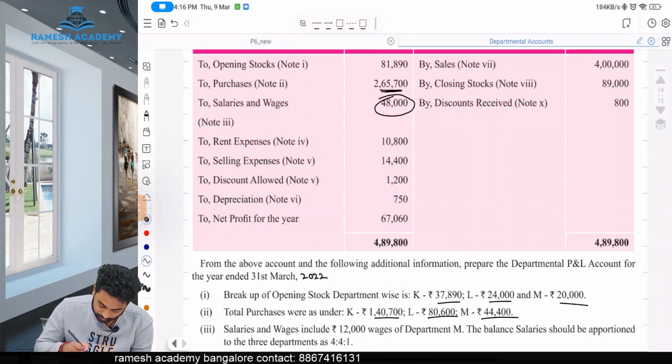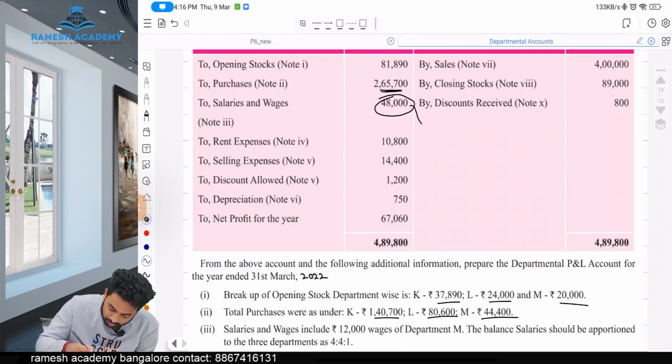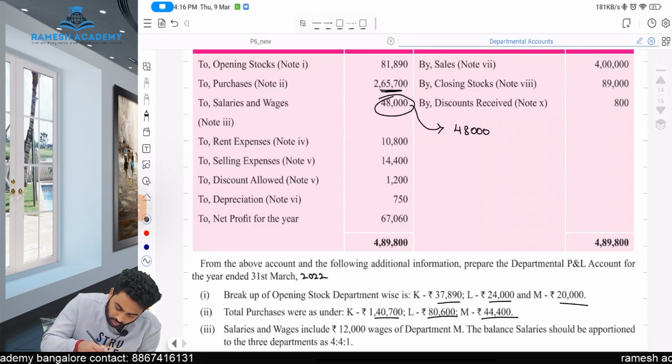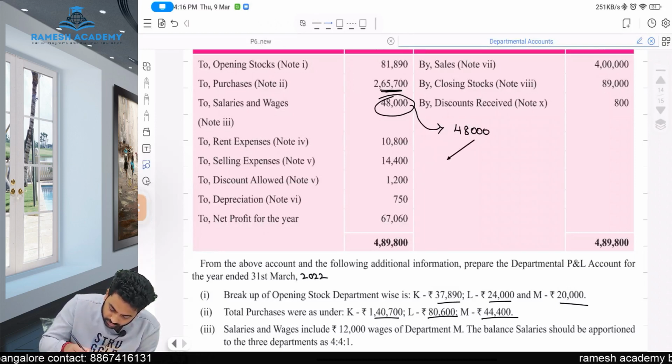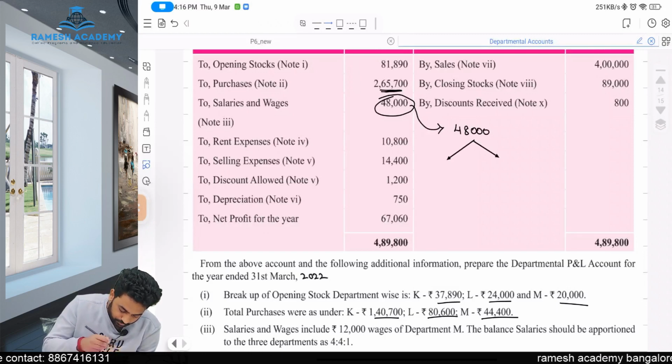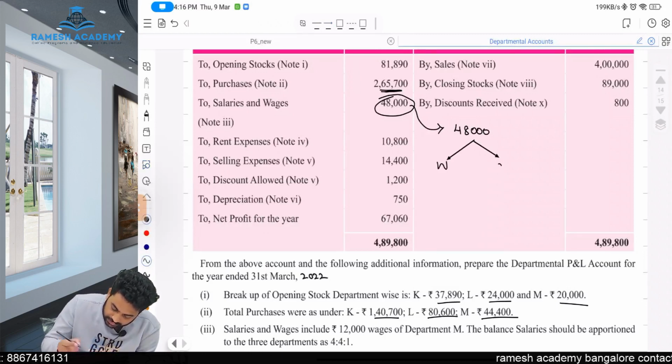Next, there is salaries and wages. They are telling salaries and wages include 12,000 wages of Department M. So out of 48,000, you can divide it into two: one is wages, the other one is salary. In the wages, it is 12,000, so salary should be 36,000.